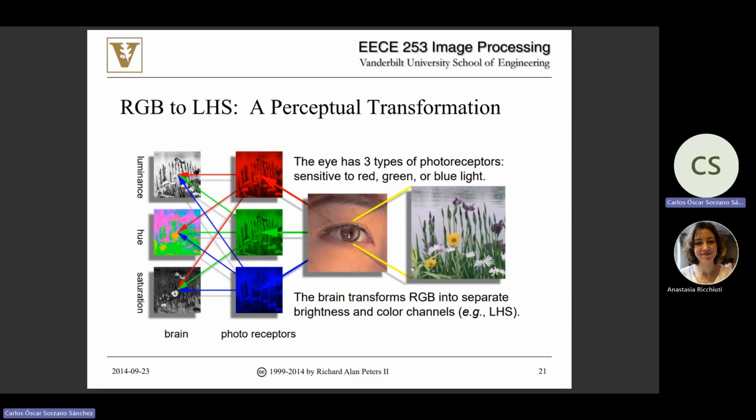And we already said that somehow the brain has been shown to perceive images in that way. So it seems that our eyes see in red, green, and blue because we have receptors for this kind of light. That is what we saw in the last lecture. But it seems that somehow the brain processes the information, paying more attention to how many photons are arriving and what is the color of those photons. It seems to separate these 2 pieces of information.